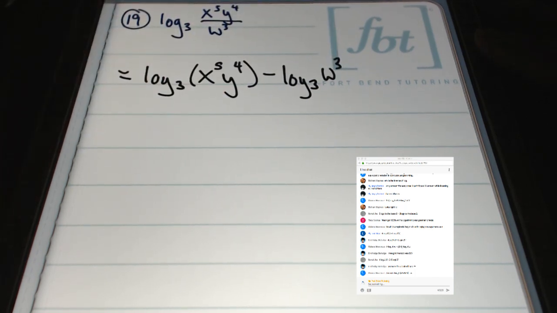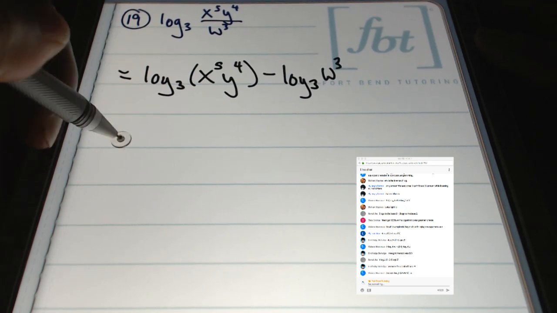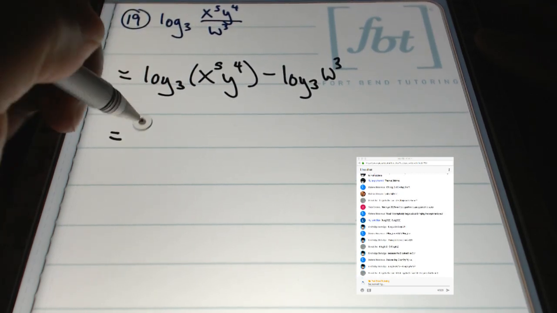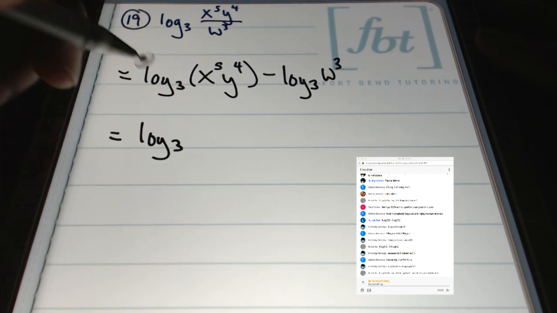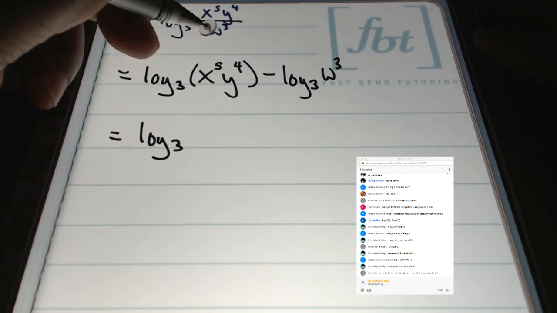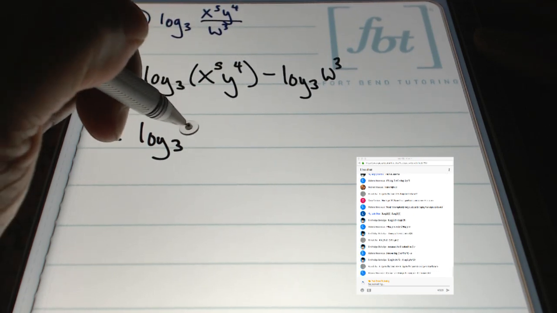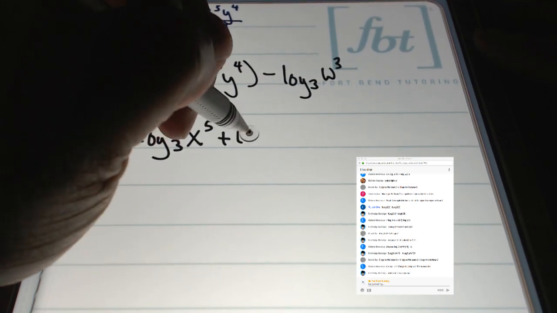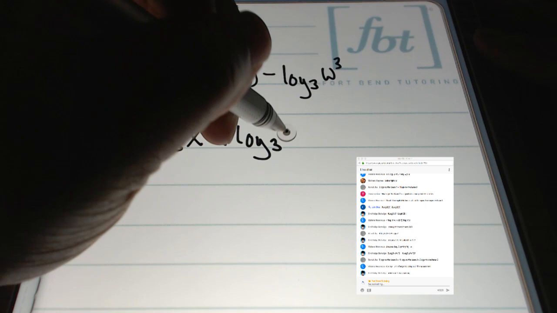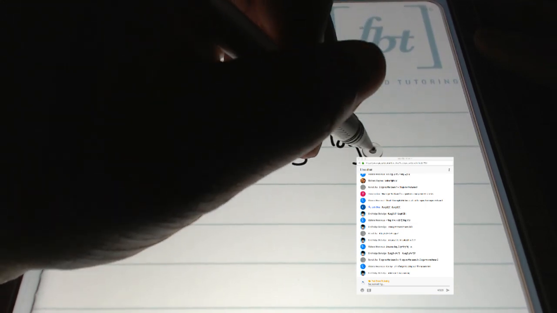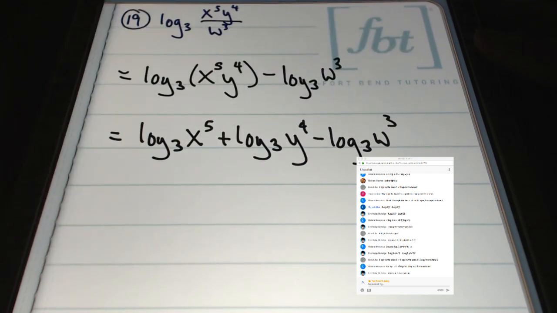From here, we'll be expanding the first term, because x to the fifth power is being multiplied by y to the fourth power, so we can expand this using addition. We can rewrite this as log base 3 of x to the fifth power plus log base 3 of y to the fourth power minus log base 3 of w to the third power.